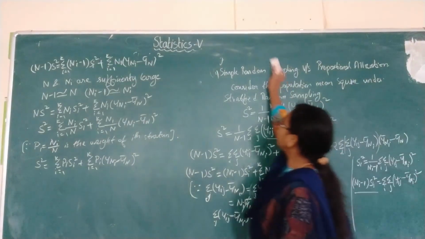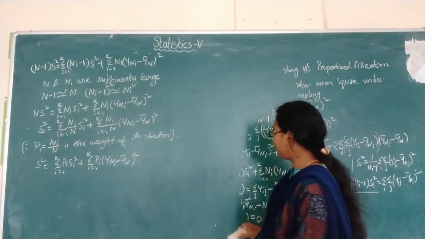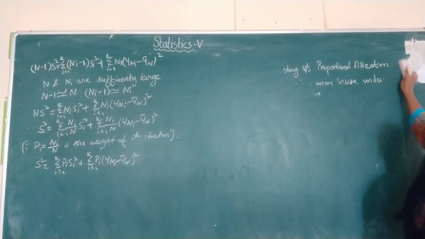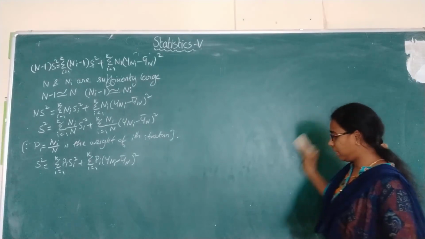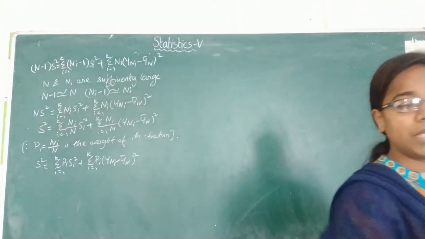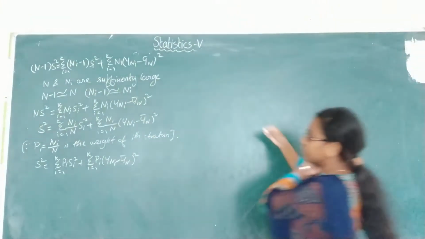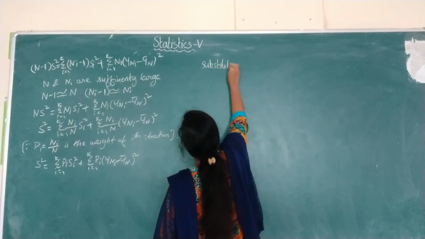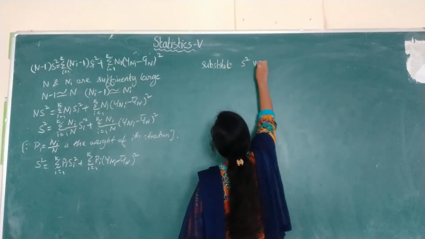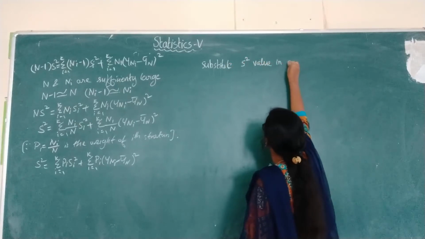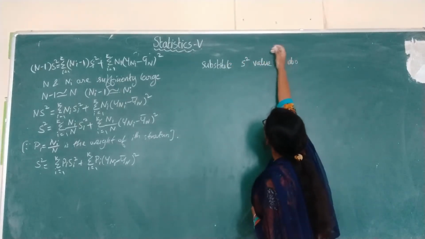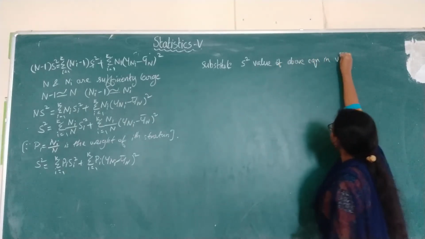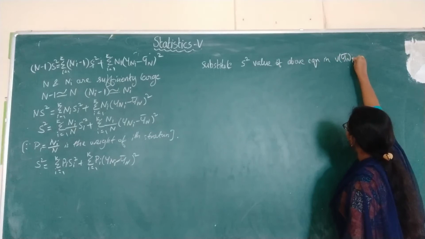In the starting, we have written variances, right? Variance of y bar, variance of y bar st under proportional, variance of y bar st under optimum. So from equation 1, we have the value of the variance. So substitute the s square value in the above equation, in variance of y bar n under random sampling.